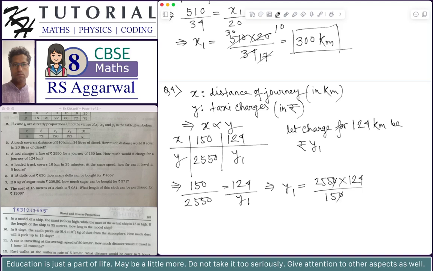If we solve this, 3 into 51, and 3 divides 51 with 17.